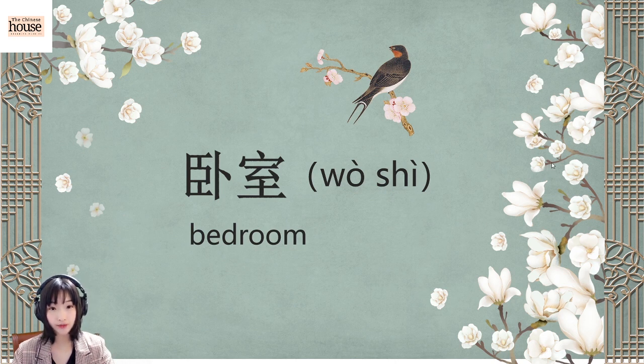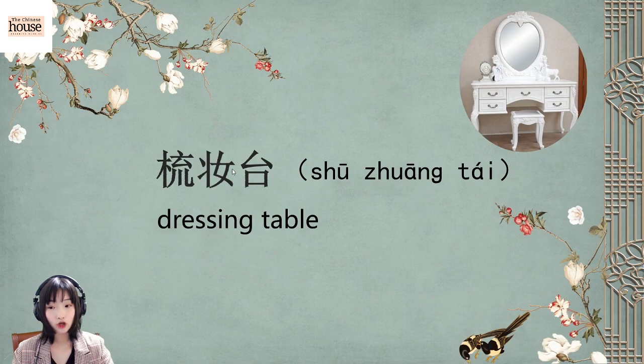卧室. And then we have 梳妆台. 梳 means like comb your hair, comb, and 妆 means doing makeup, and 台 means platform.